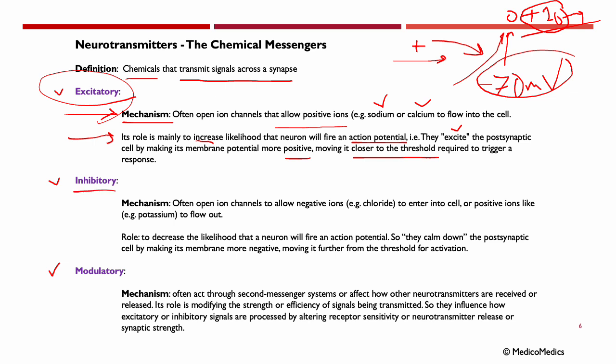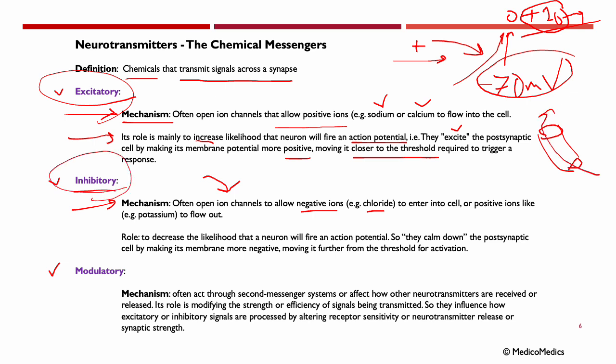And then we have inhibitory ones. The mechanism here is to often open ion channels, but it allows for negative ions to enter the cell. So it's the opposite. Examples of negative ions include chloride, for example. Or, if you remember, we also had these leak channels for potassium to get out.